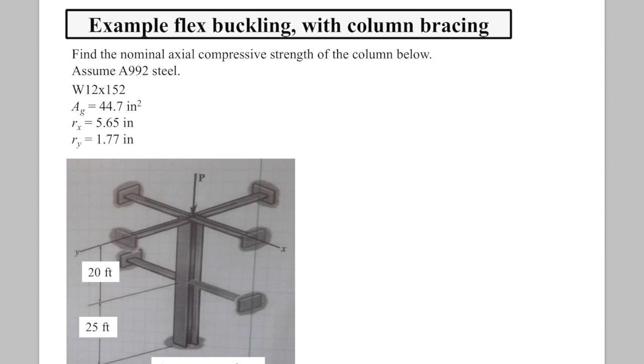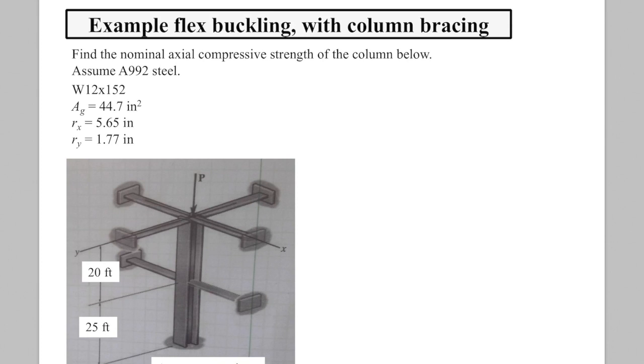Here I have an example of flexural buckling with column bracing, and this gets to what I was talking about with the building frame and how the columns are oriented in the structure. This really ties together the beginning of last lecture and the end of this lecture slide set.